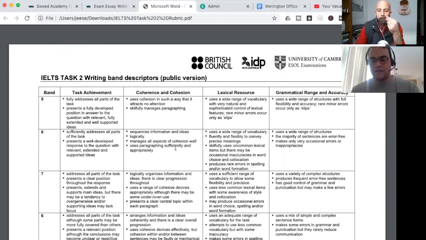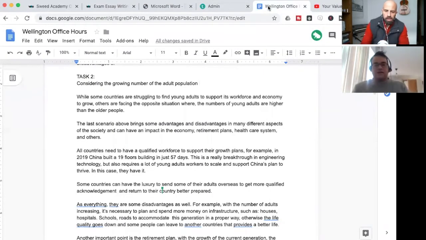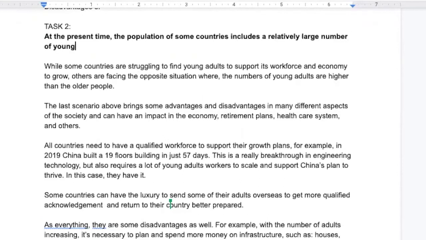So this is the text. Wait, let me check. So you can start again then. Let's make it bold. Okay, go ahead. So at the present time, then comma, the population of some countries includes a relatively large number of young adults, comma, compared with the number of the older people.